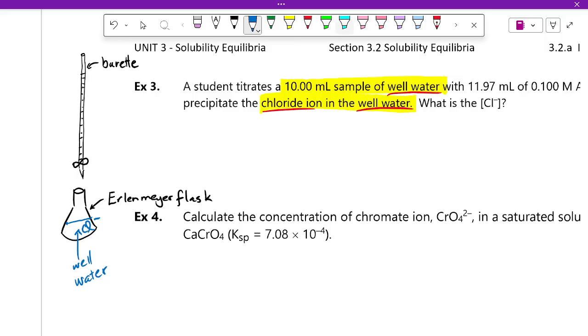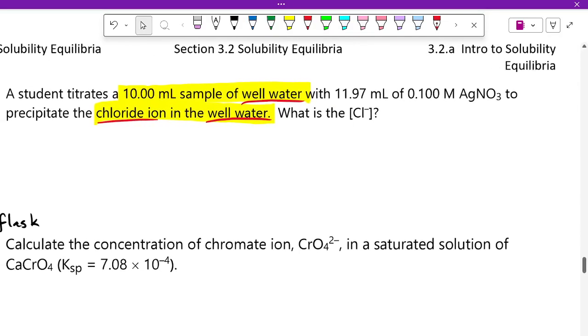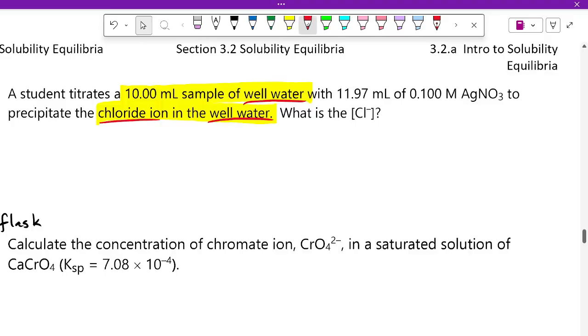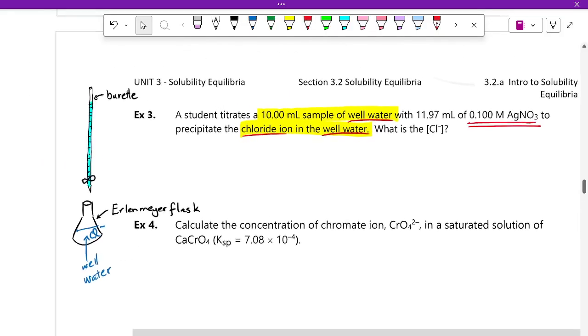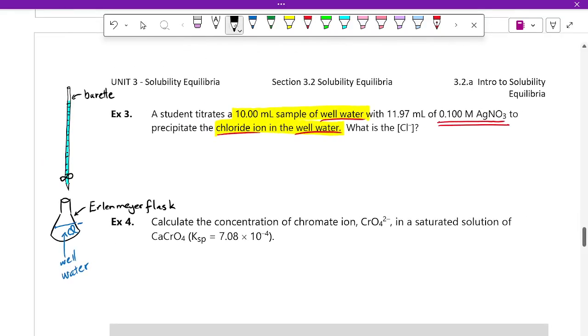Up in our burette, we have some 0.1 molar AgNO3. Okay? And we want to precipitate the chloride ion.